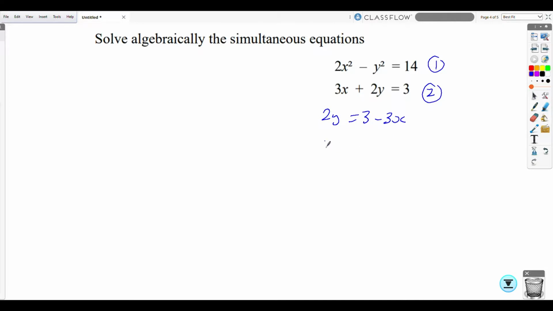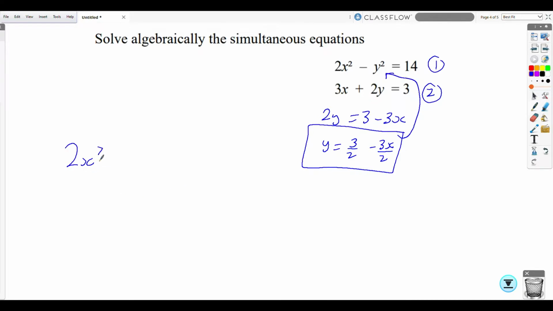So if we divide both sides by 2, y is equal to 3 over 2 minus 3x over 2. And we're going to be substituting that in here. So we have 2x squared minus brackets 3 over 2 minus 3x over 2 squared equals 14.